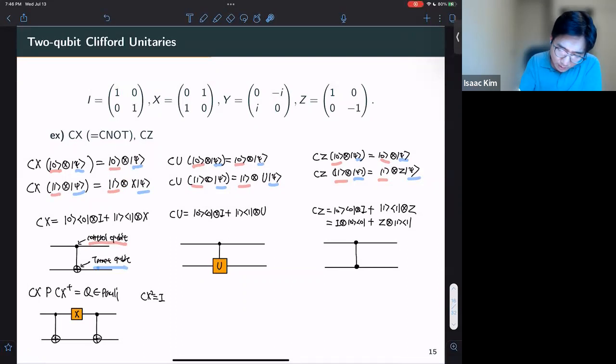So how would you actually calculate this thing, the thing that I see here? Well, I'll just use the same basis states. Let's say I start with this state, 0 tensor psi. Then what do I do? First, I apply the Cx.